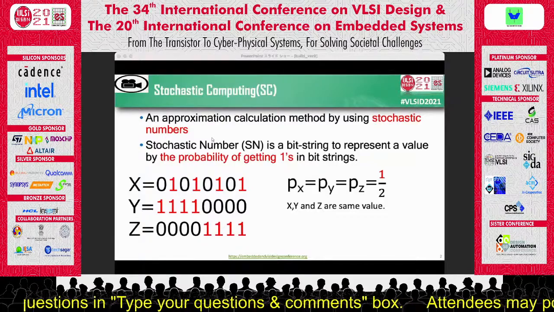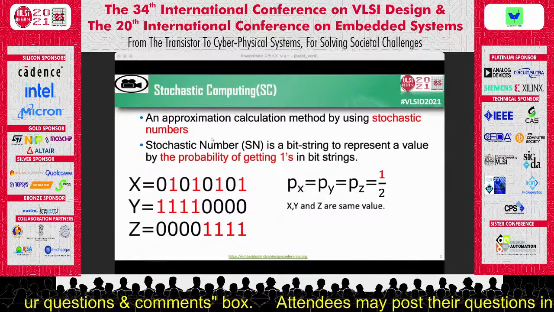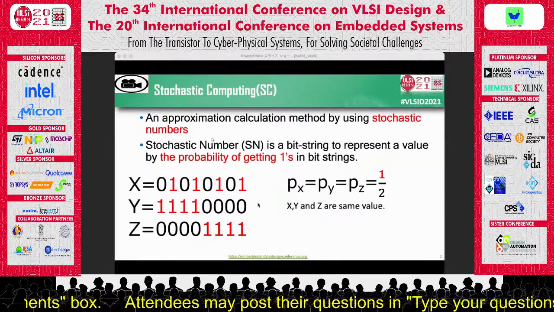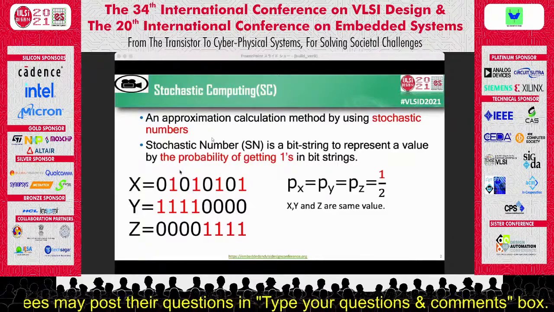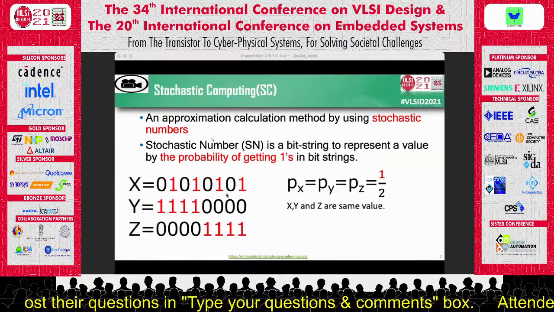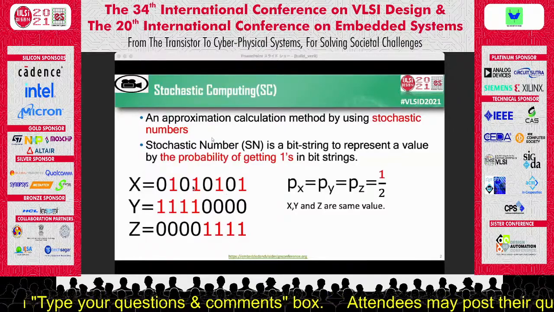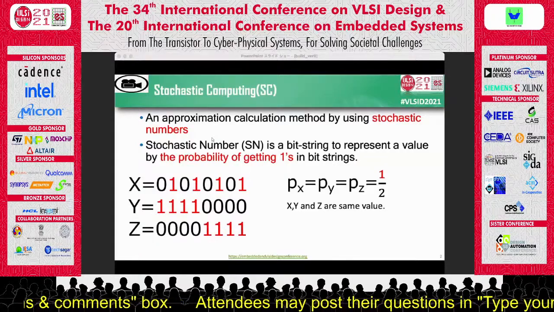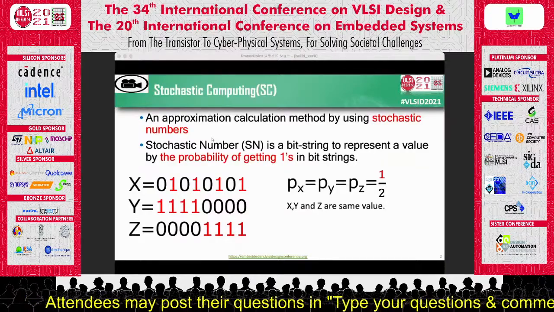Sorry, could you repeat please? My point is what are the stochastic numbers and what is the application of them? You are talking about a multiply accumulator, so where can it be used? What is the application of this circuit?